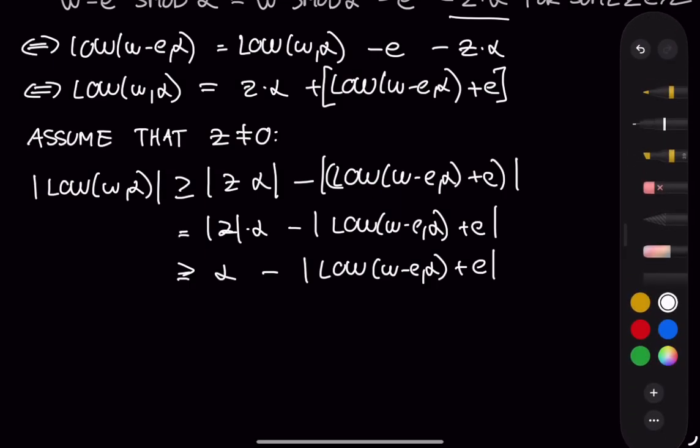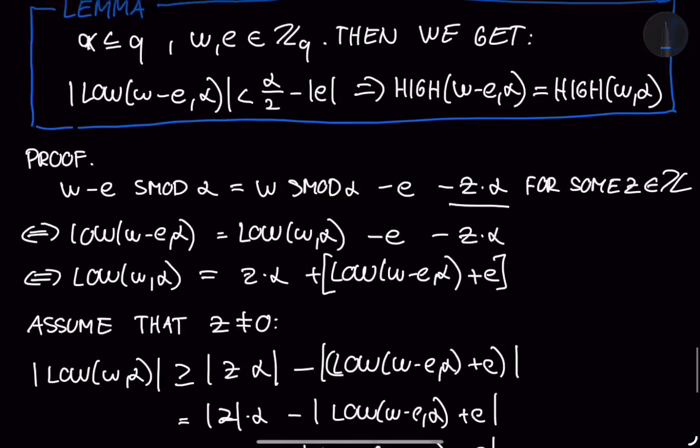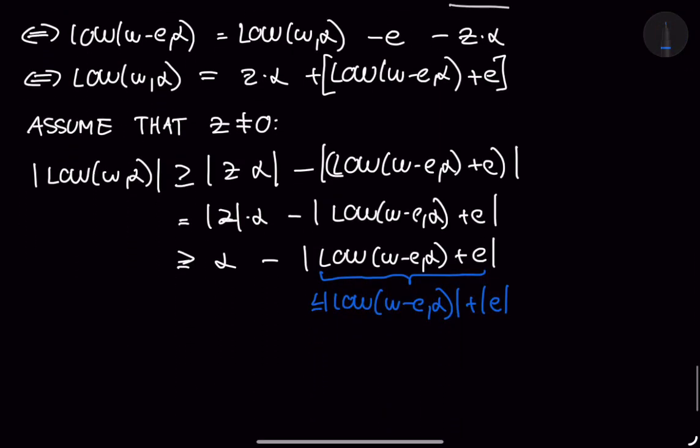So we consider this part, and if we consider this absolute value, then by the triangle inequality we can write it like this. And this one we know, this is the precondition. So if we put this E with plus on the other side, we get this less than alpha half.